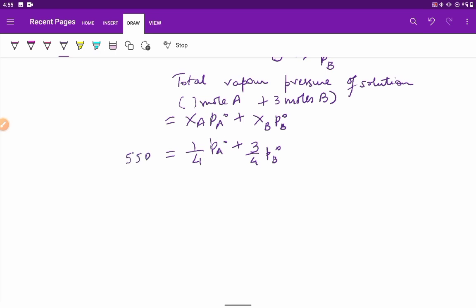Now taking 4 as common and shifting it to the other side, we get 550 into 4, 2200. This is equal to PA naught plus 3 PB naught. Let this be equation number 1.